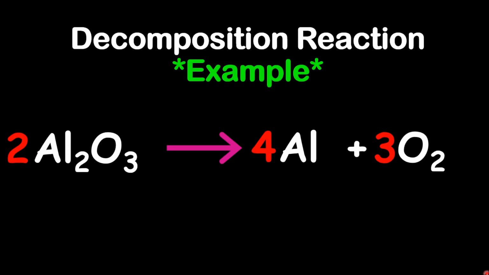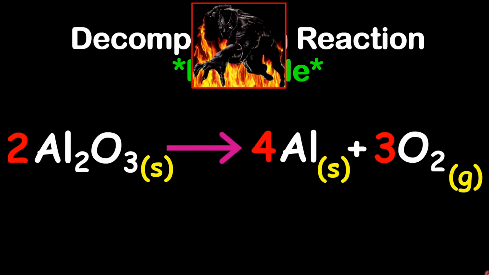Those numbers are necessary to make this equation balanced. So 2 molecules of aluminum oxide will produce 4 atoms of aluminum and 3 molecules of oxygen. The states will be, for aluminum oxide, a solid, aluminum is also a solid, and oxygen is a gas. Now let's jump into the other reaction.